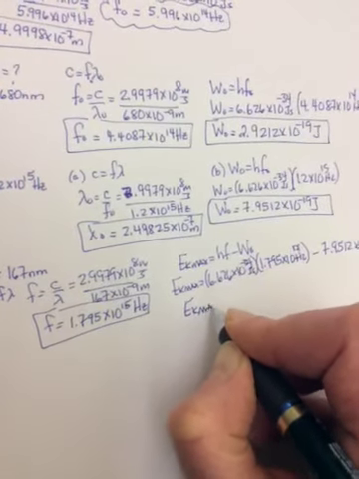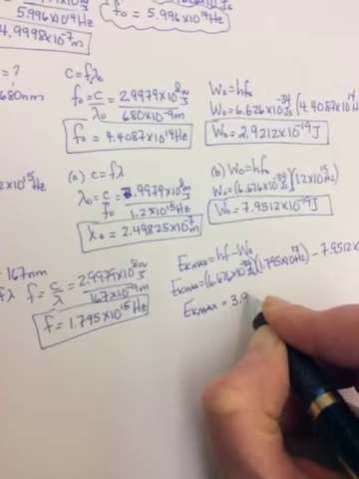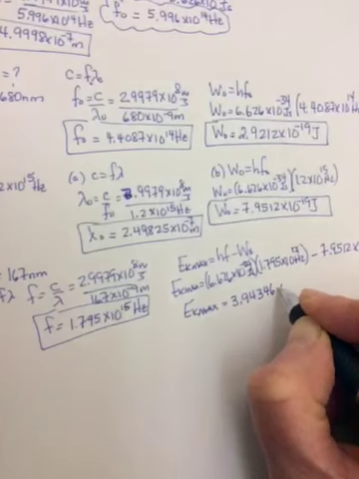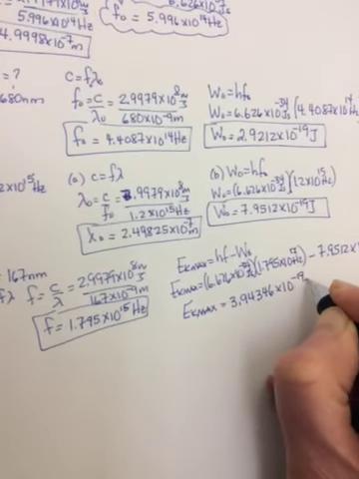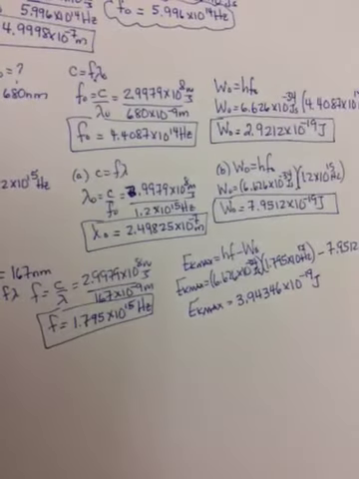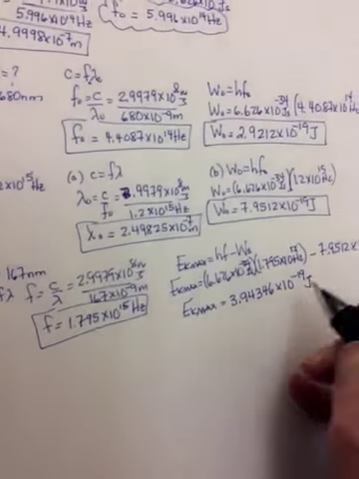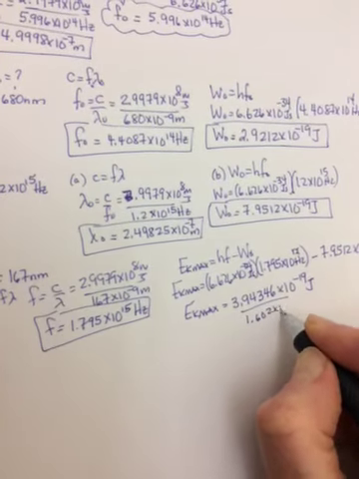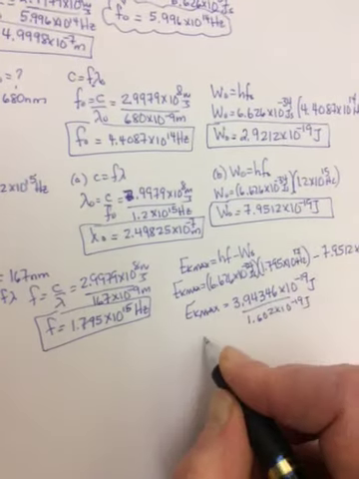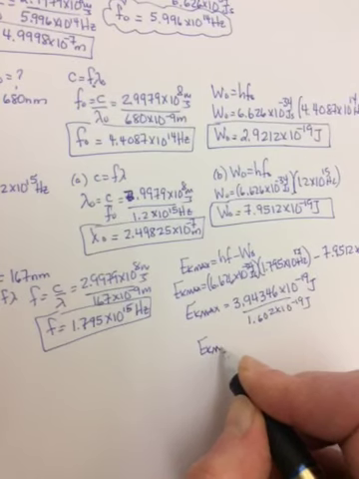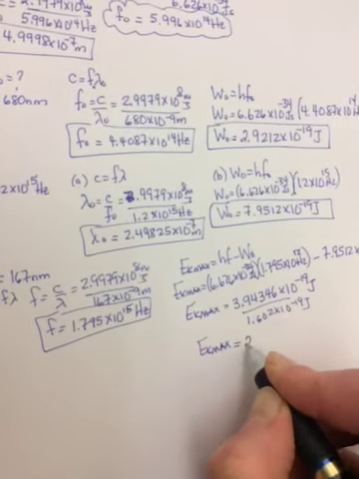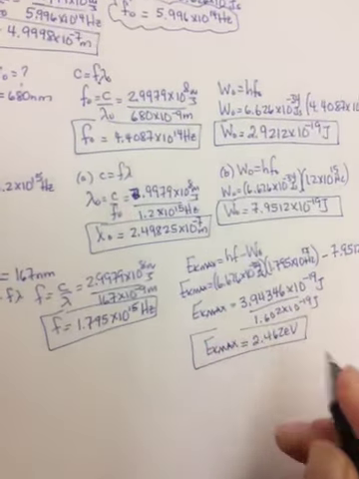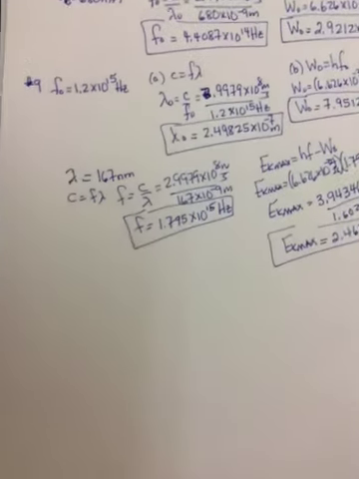And you get an EK max of 3.94346 times 10 to the negative 19 joules. In electron volts? This time we do have to divide it by 1.602 times 10 to the negative 19 joules, and when you do, you get an EK max of 2.462 electron volts. Okay, that is number 9.